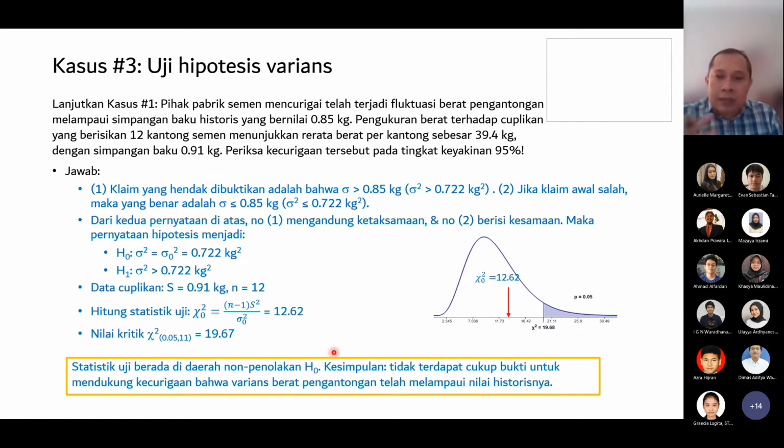Okay, so again, this sounds quite a bit like a wordplay, but this is quite important. So whenever you draw your conclusions, go back to the original claim that you want to prove, bearing in mind that the original claim could be translated as H0 or as H1, depending on how you state your original claim.